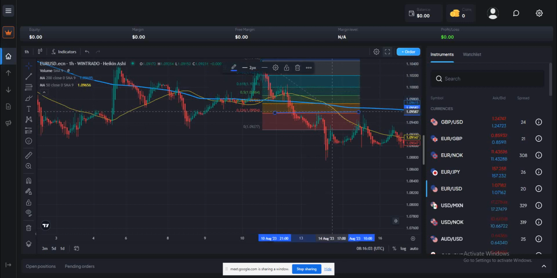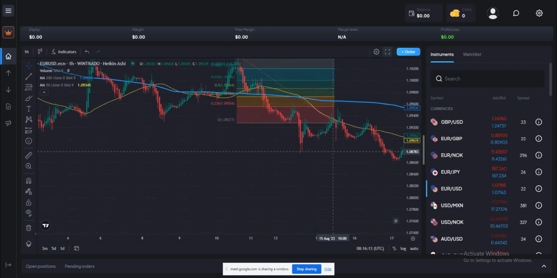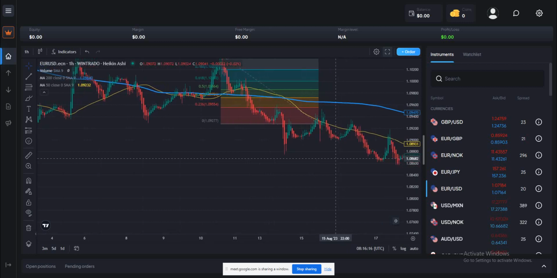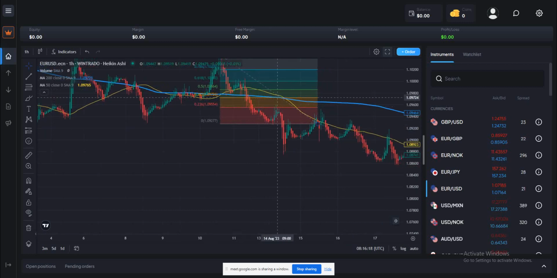Okay, so that's the first example. I will not say where my take profits would be, because pretty much all traders out there have different strategies for taking their profits, but that's something that you need to identify by yourself, by your trading style, and by your needs. So for now, that is the first example.